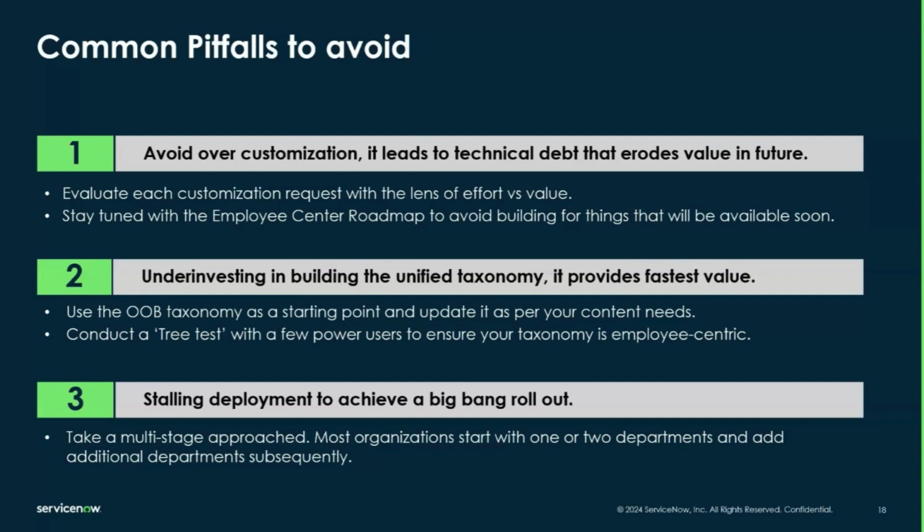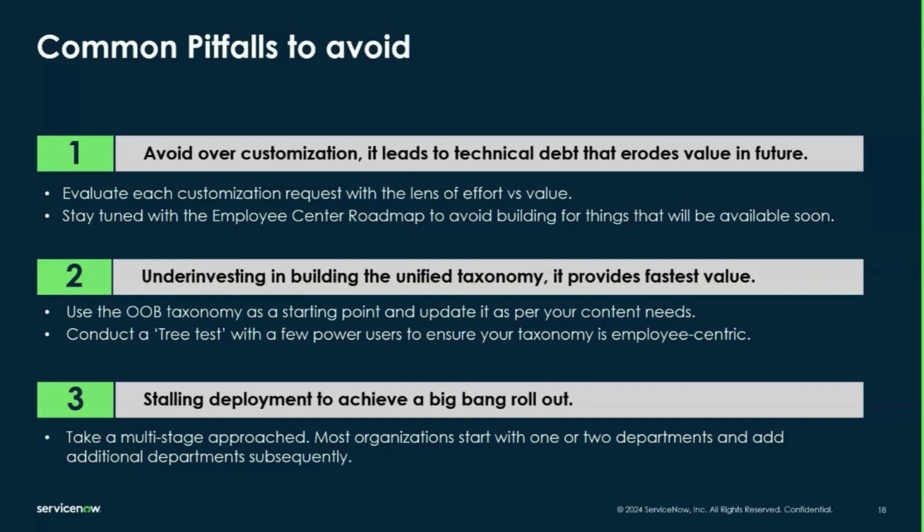In building out that taxonomy, it's recommended that you use that out-of-box approach, then modify it based on your current needs and conduct a tree test with a few power users to ensure that that taxonomy is truly employee-centric. Make sure users know where to go to serve the most common use cases. That tree test is very valuable in making sure the taxonomy is employee-centric.